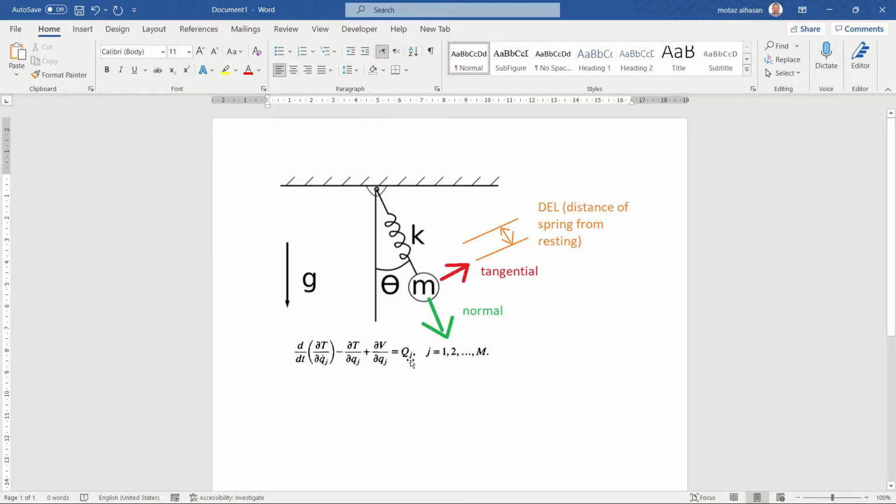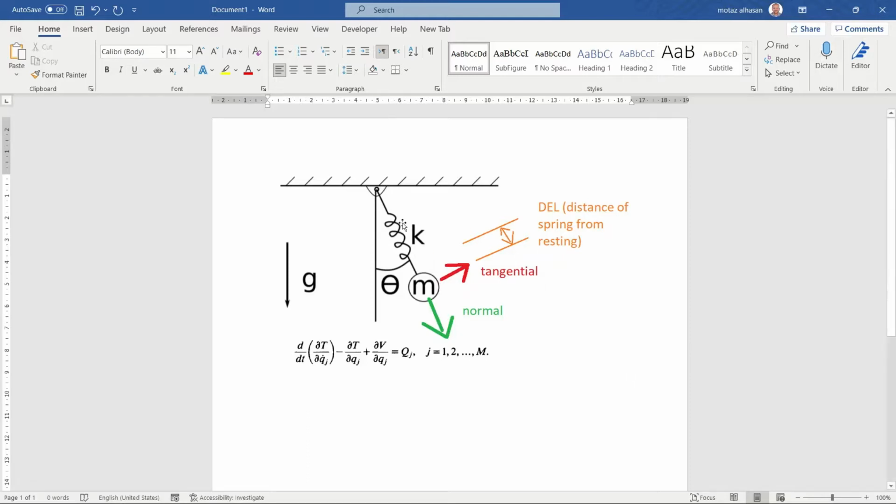The gravity component of potential energy is mgh, and h will be taken here in the resting position. The potential energy of the spring is just 1/2 kx squared.